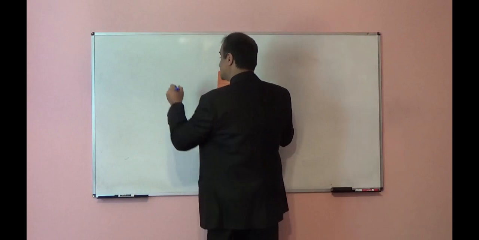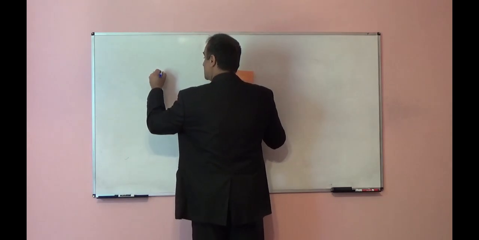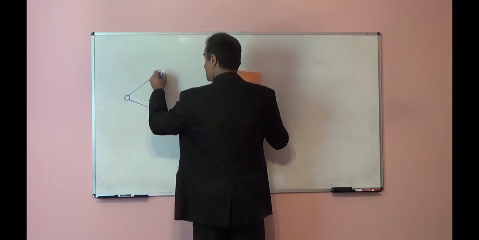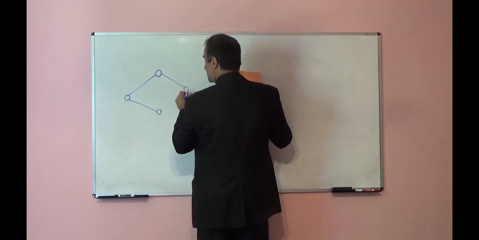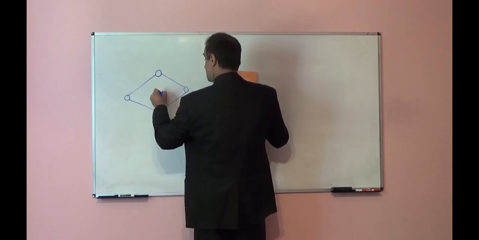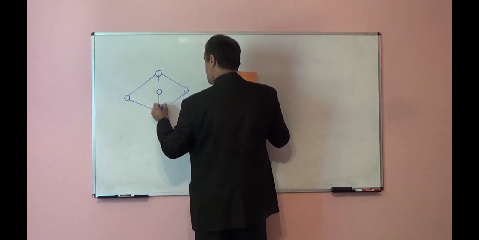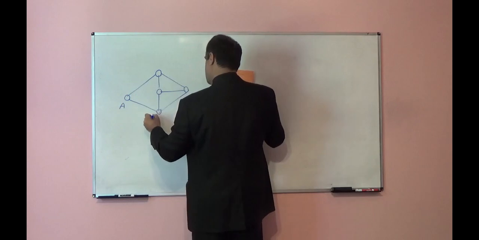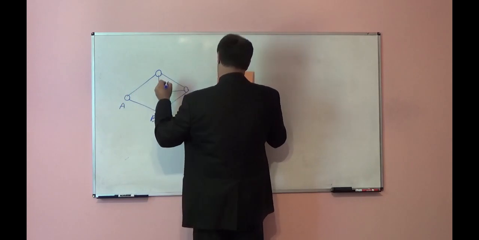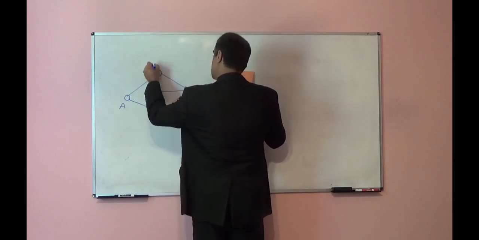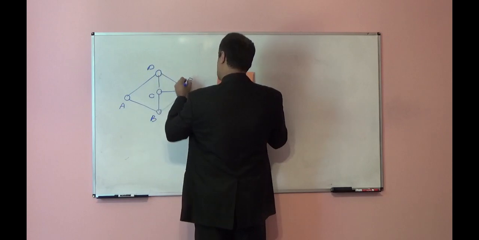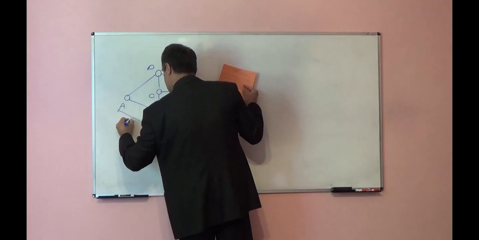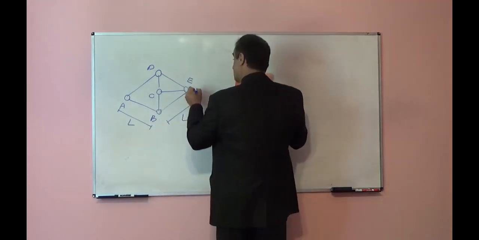It is one square shape. So points A, B, C, D, E, and this is L. From here to here again it is L.